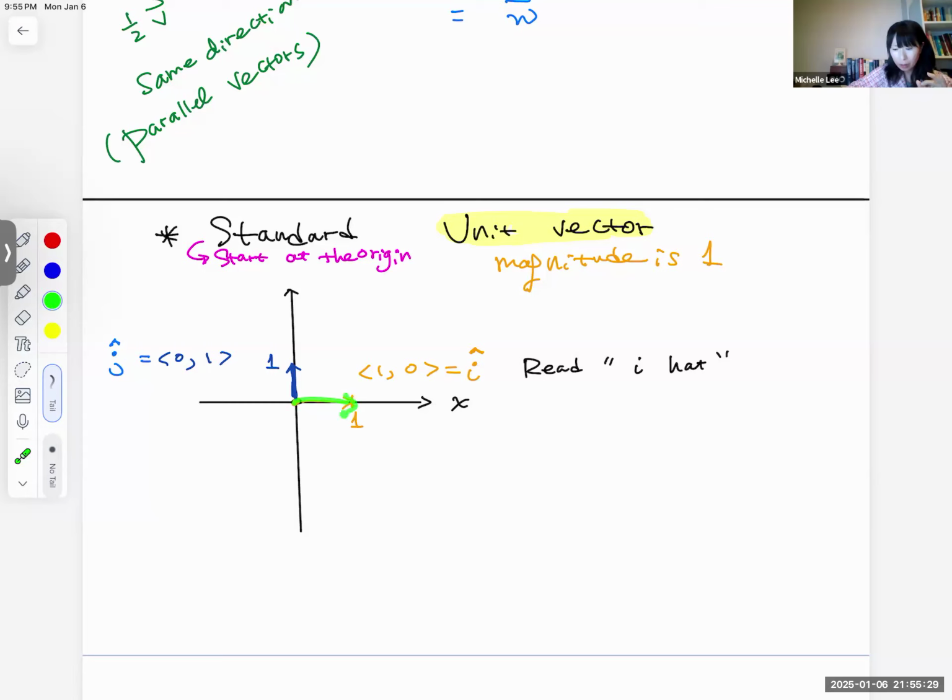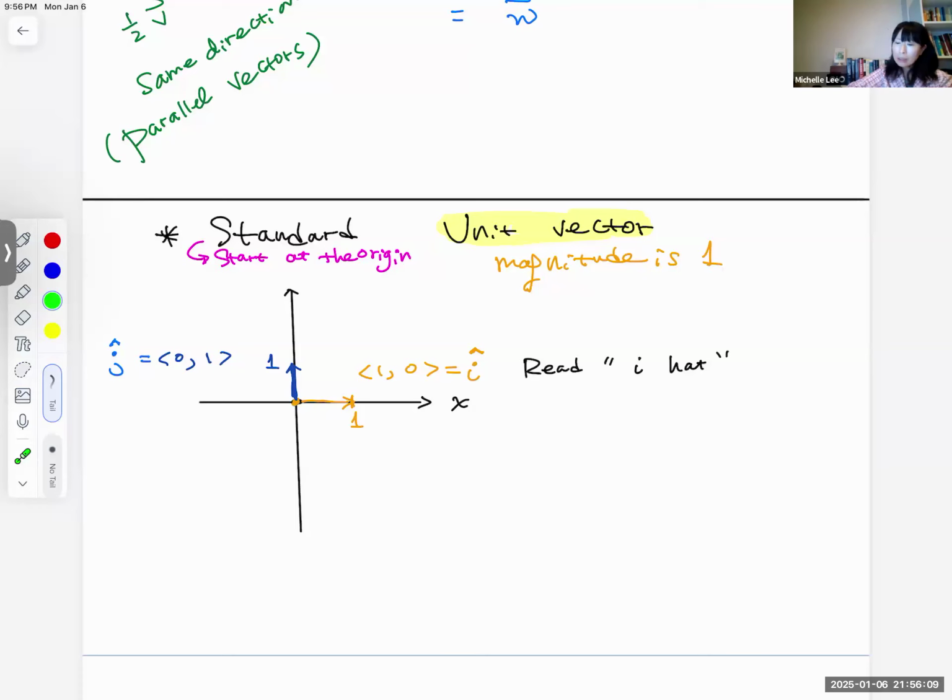And j hat is (0, 1). Basically, i hat goes in the x direction, and j hat goes in the y direction. Can you see that? It starts at the origin, (0, 0) to (0, 1). Make sense? Their magnitude is 1, so we say the standard unit vectors are i hat and j hat.